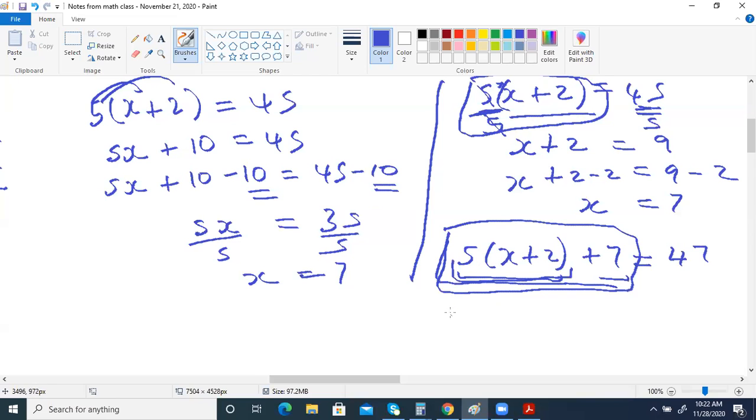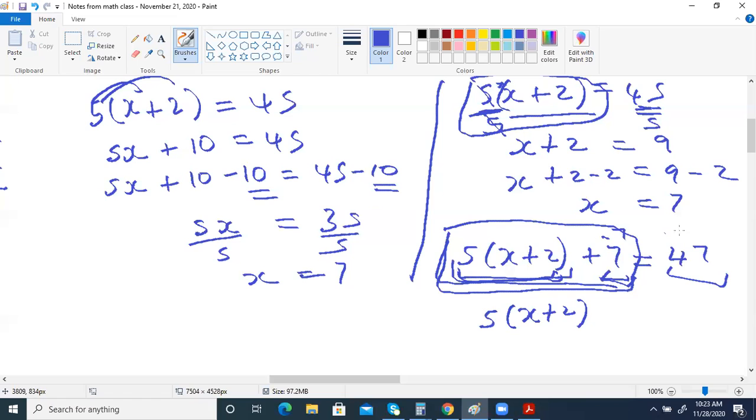So the 5 would have to divide out this, and it would have to divide out this as well, which would leave you with a mixed fraction, which is not helpful. And then if you divide this entire side by 5, you'd have to divide the right side by 5, which at this point, is not so helpful either, right? So in a question like this, it's best if you simplify a little further.